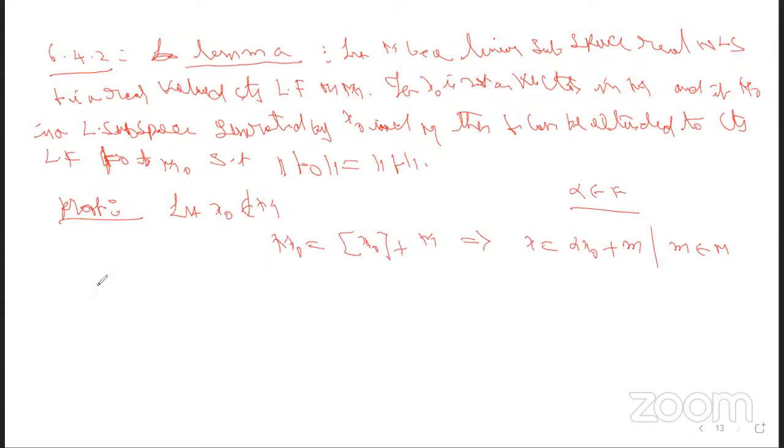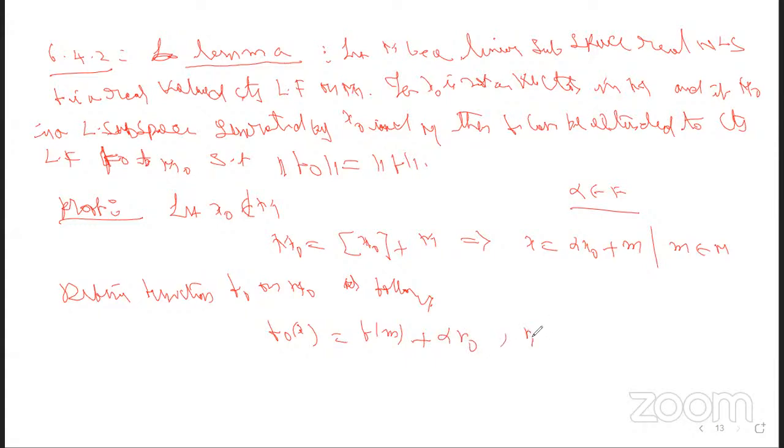Define function F0 on M0 as follows. F0 of x equals F of m plus alpha R0. What is R0?